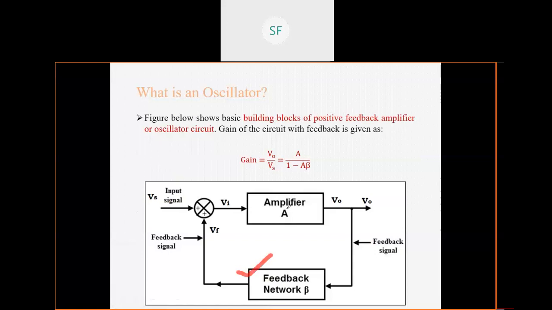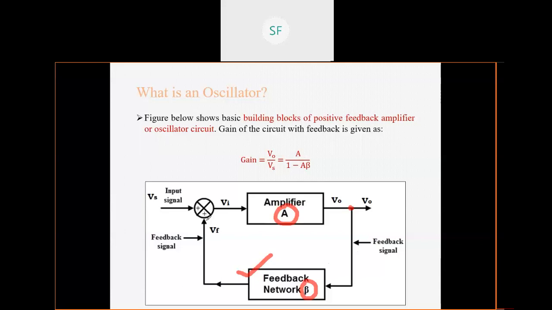The gain of the amplifier is A, right? And beta, what is beta? Beta is the feedback fraction. You can observe here that some portion of your output is fed back to the input.